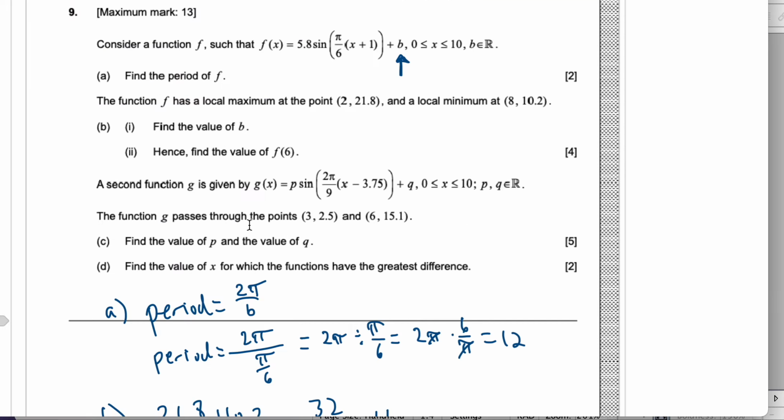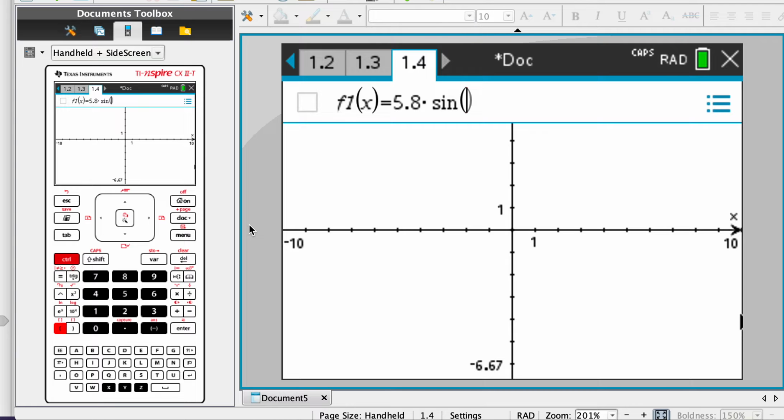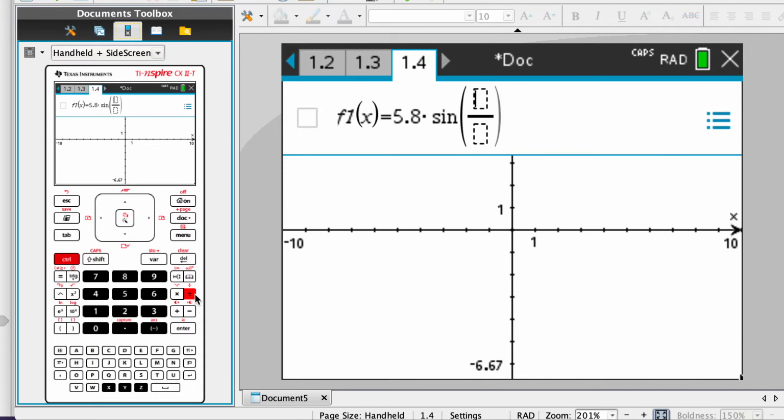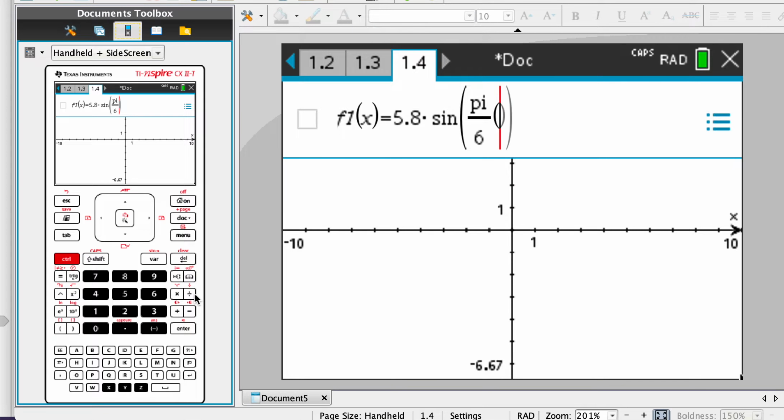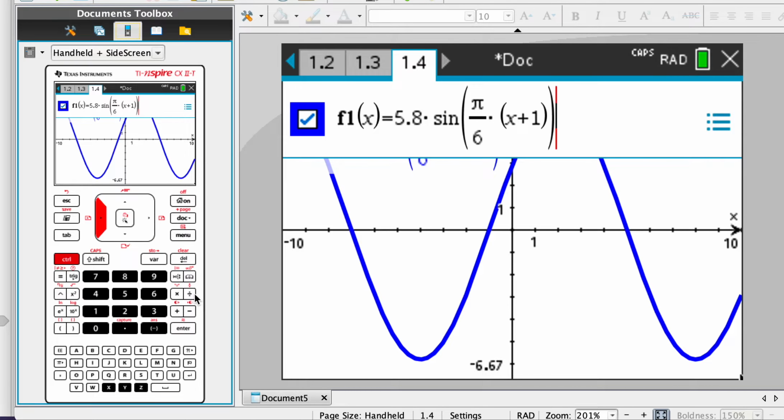Times sine, and actually I probably should just copy and paste from before, but I'm already here, so I'm just going to do this. Pi over 6 x plus 1, and it's not that, plus I think it was 16.